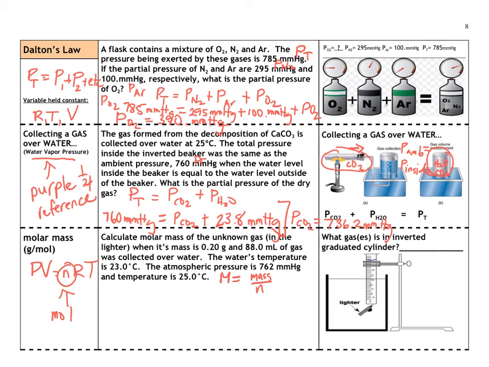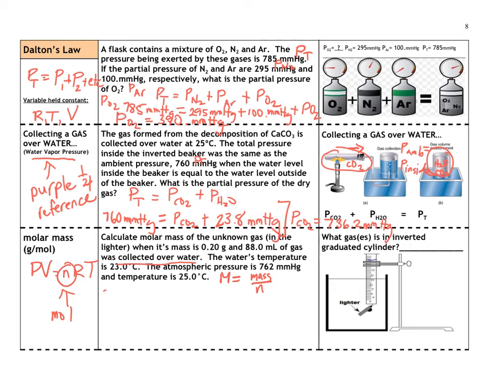If you read this problem carefully, you'll see that you're collecting the unknown gas over water. Because you're collecting the unknown gas over water, we're going to have to subtract the vapor pressure from the total pressure.